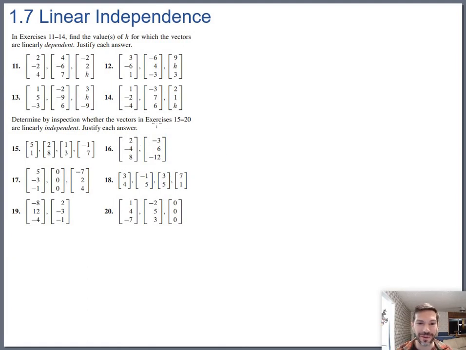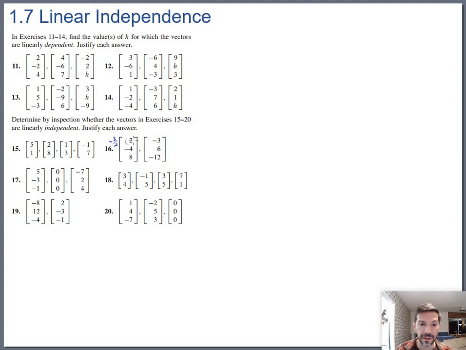So determine whether the vectors are linearly independent. For 16, there's only two vectors. Really, the only way for them to be dependent is if one's a multiple of the other. So let's see if that's the case. To multiply the first one by something and get the second one, it would have to be -3/2.